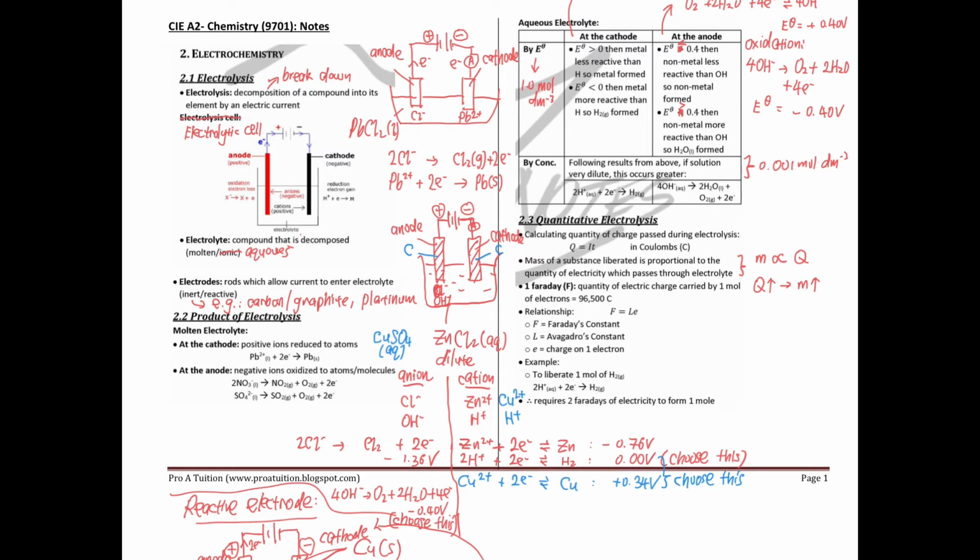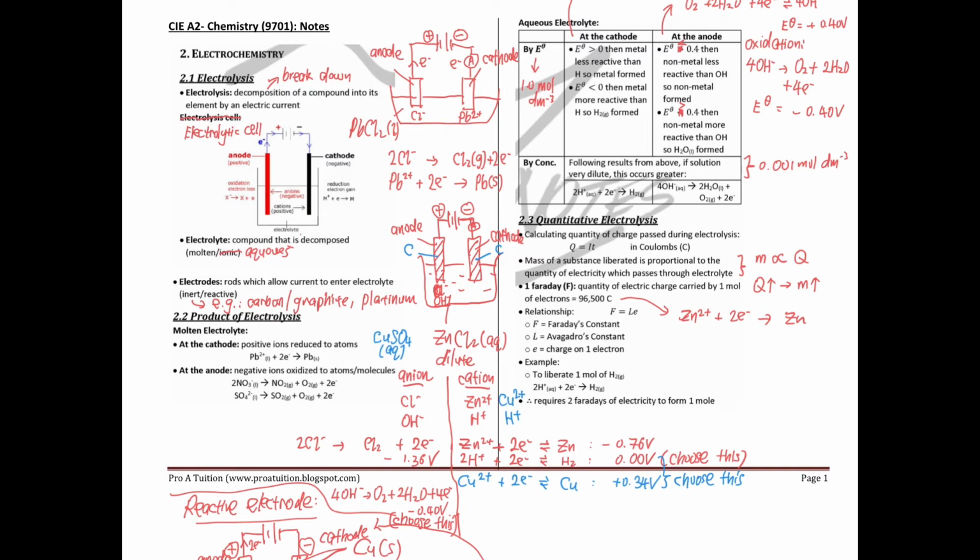If I'm talking about zinc, just now we discussed zinc already. As you can see here, zinc 2 plus plus 2 electrons becomes zinc. So let's say I put it here again. Zn2+ plus 2e- becomes Zn.